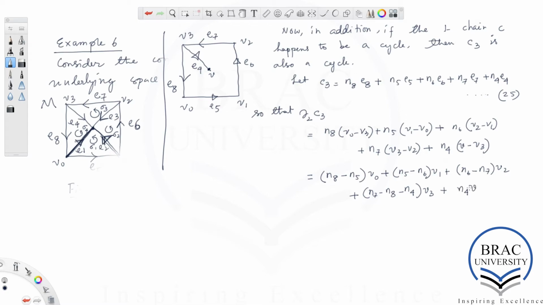So the only way this can become 0 is to choose N4 equal to 0 and N5 equal to N6 equal to N7 equal to N8. So C3 will also be a cycle if this condition holds.